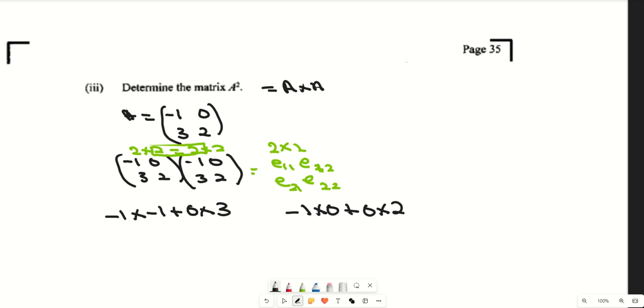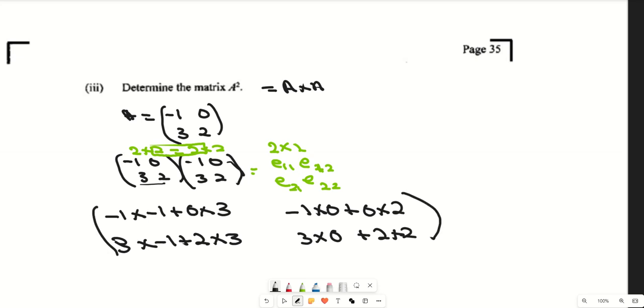And then E2,1 is your second row by your first column: 3 multiplied by minus 1 plus 2 multiplied by 3. And then the second row by the second column: 3 by 0 plus 2 by 2.